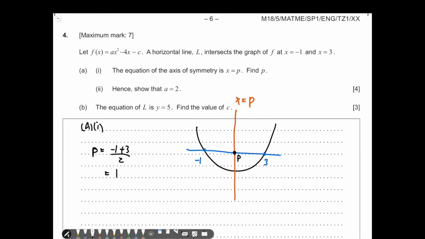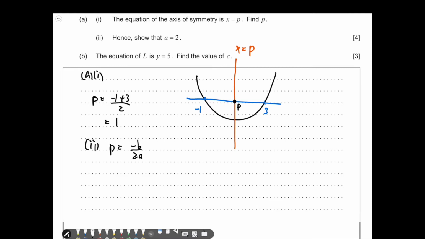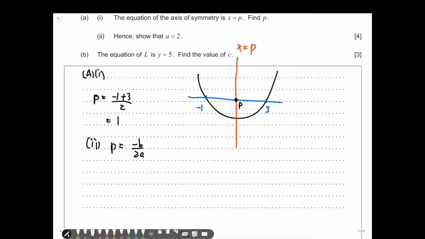So we add these two values, and that is equal to 1. And then for part A2, p is equal to -b over 2a, because from the data booklet we can find that this is the property for finding the axis of symmetry.